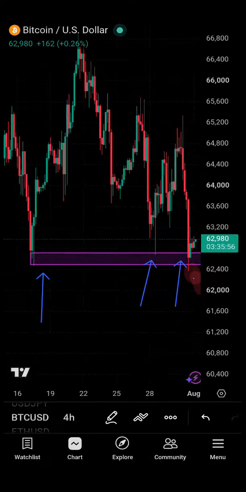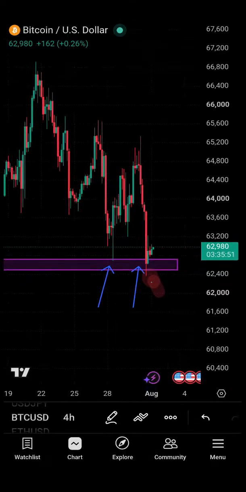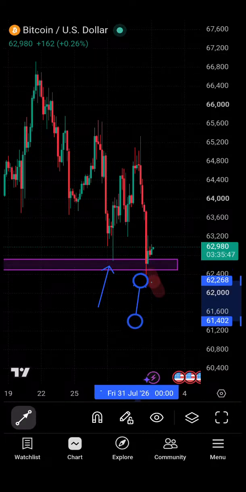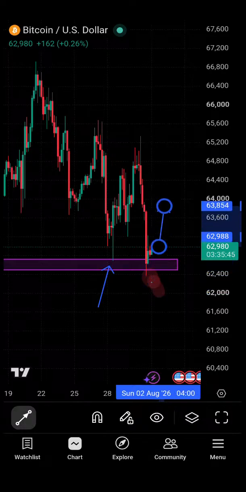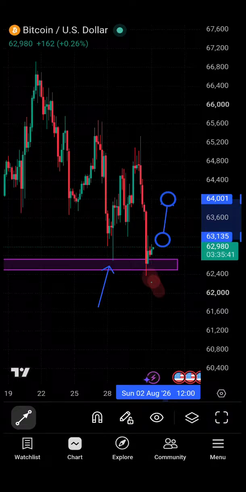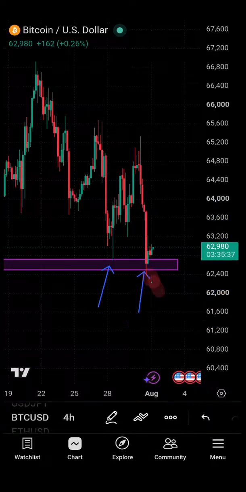Okay, so this tells us that the market has collected liquidity for it to push to the upside. But will it continue pushing towards the upside? Don't know. Let's confirm on the 1-hour time frame now.